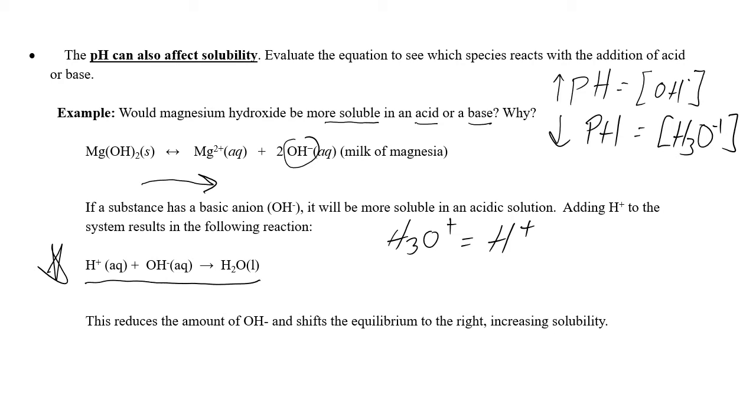So essentially, by adding acid or reducing the pH, you're removing the hydroxide ions, shifting to the right. You're creating more aqueous ions, you're dissolving more of the solid, therefore increasing the solubility.